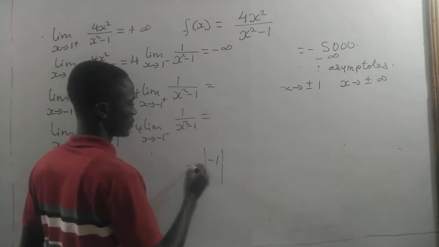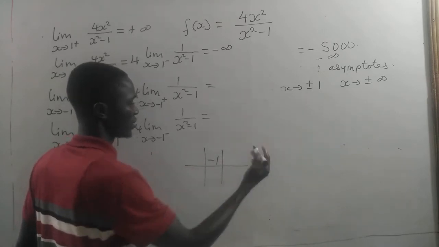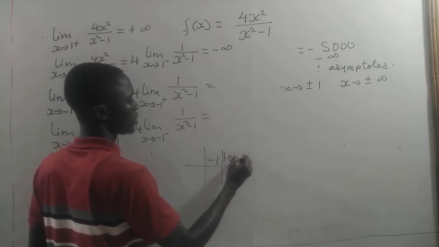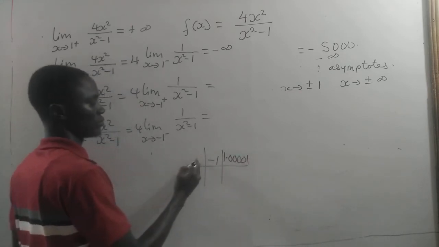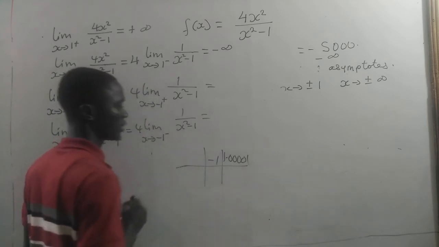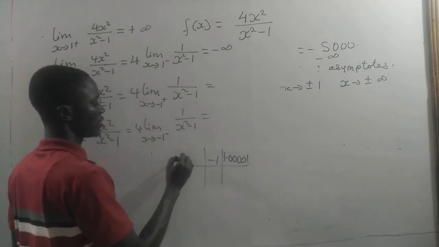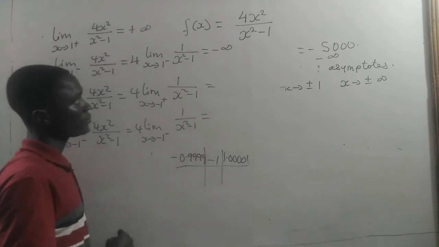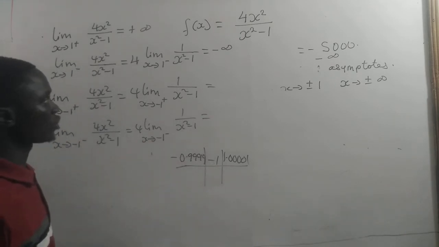So, on the right, we are coming closer to 1, so you have 1.00001. Here, we are coming closer to -1 from the left, so you can get -0.9999. And I've used this already.